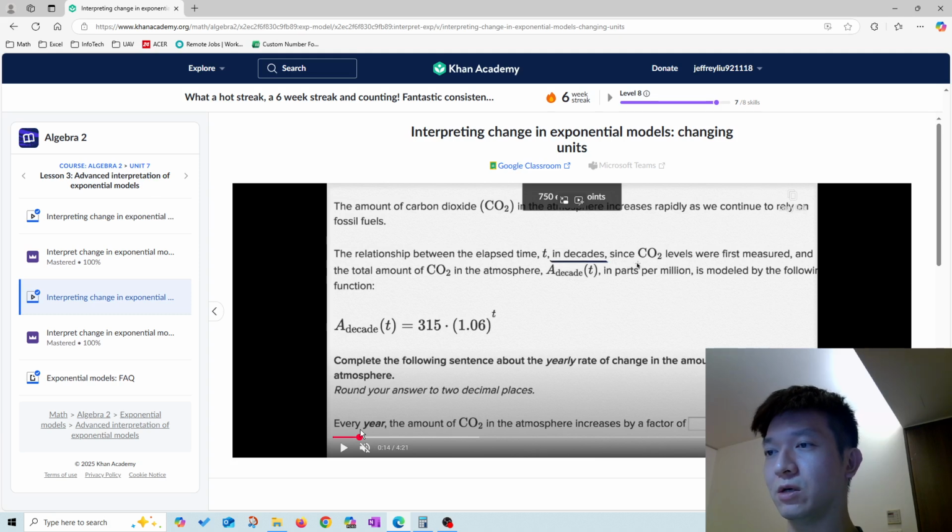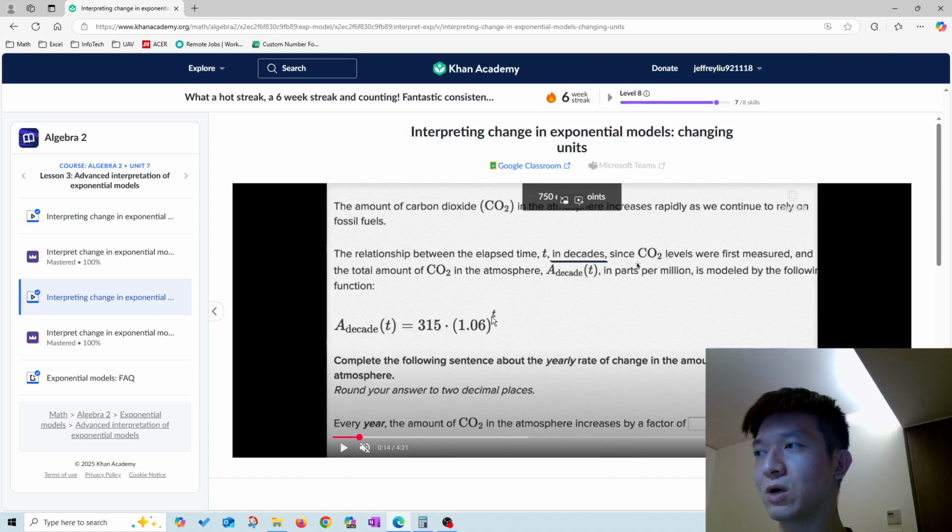Every year, the question is asking us, the amount of CO2 in the atmosphere increased by a factor of how much. Originally it's going to be 315, but this is the geometric series where you increase by that much every 10 years, but we're going to convert that into 1 year, so it's 1/10.